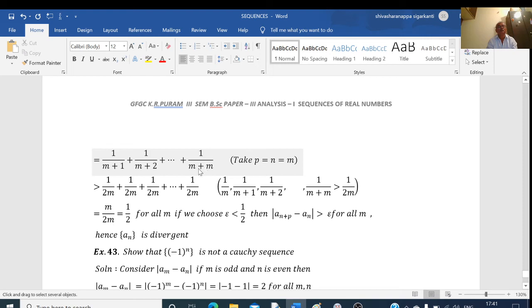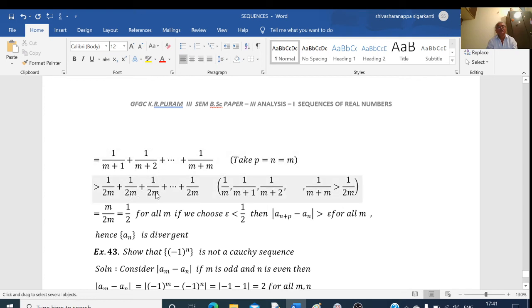This is our 2m. And here 1 by m plus 1 is definitely greater than 1 by m plus m, where m plus m means 2m. So 1 by m plus 1 is greater than 1 by 2m, 1 by m plus 2 is greater than 1 by m plus m, that is 1 by 2m.